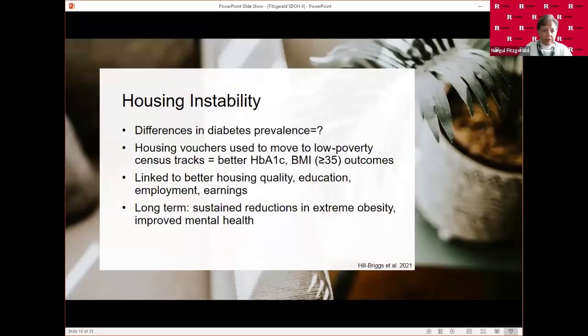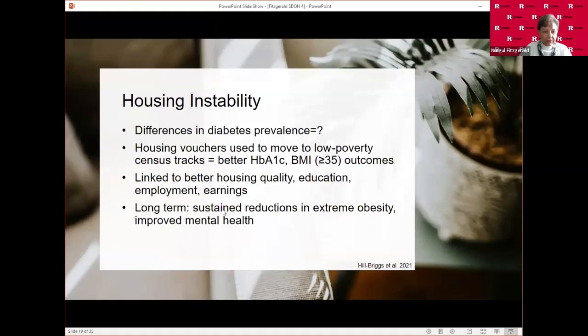All right. Looking at another social determinant of health, housing instability, and diabetes prevalence. The research is not a lot in this field. There isn't a lot looking at housing instability, most probably because of the difficulties of studying these outcomes.